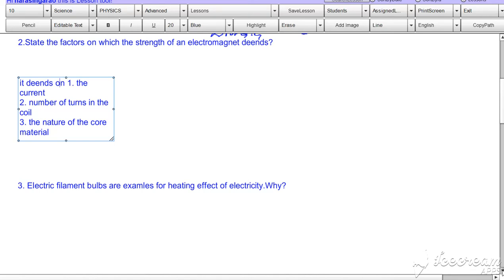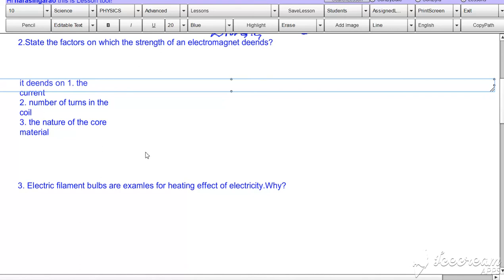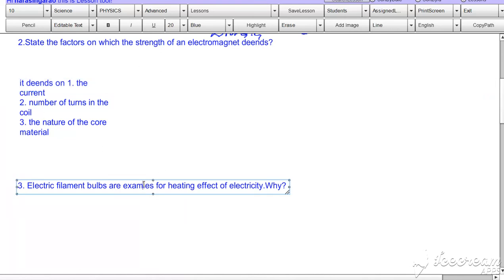Third question: electric filaments are examples of heating effect of electricity. There's a P left out there, so I have to write "examples" with the P. It's a spelling mistake, and the P key on my laptop is having an issue.